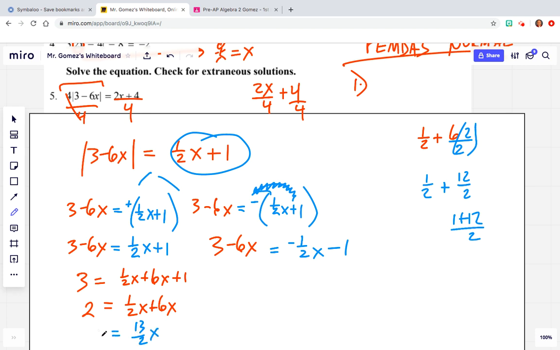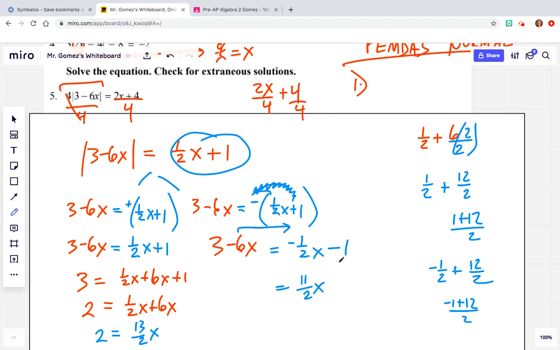x is equal to 2. And then over here, same thing, but this time it's a negative 1/2. So it's like taking a negative 1/2 and we're adding 12 over 2 since we moved that over. And a negative 1 plus 12 is a positive 11. So I'll get an 11/2 x.